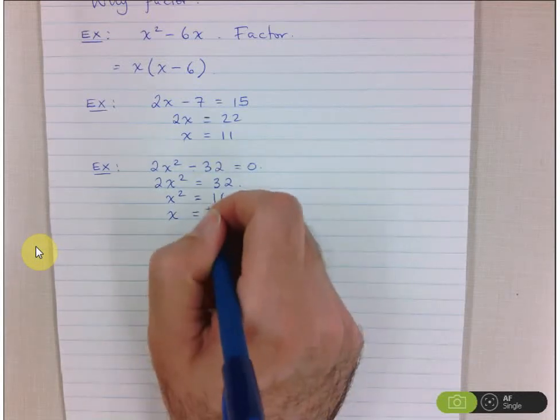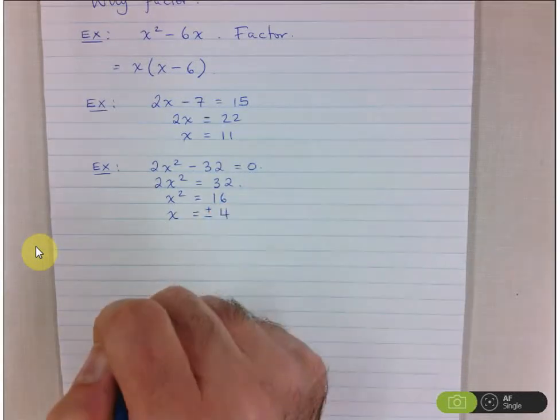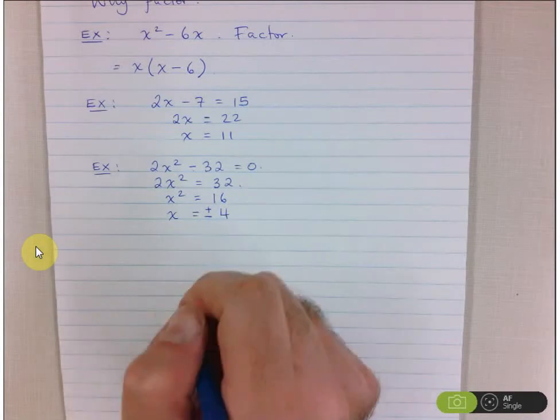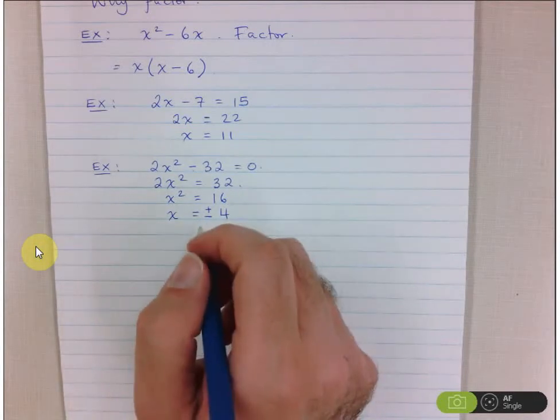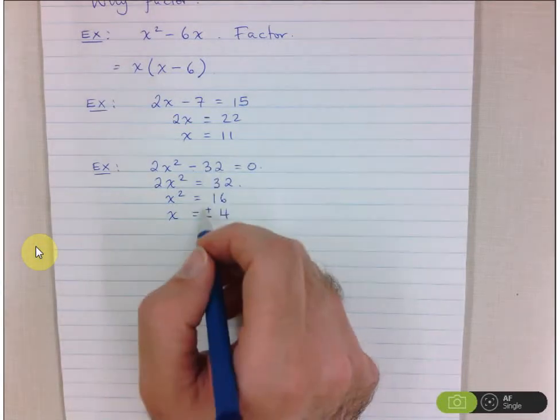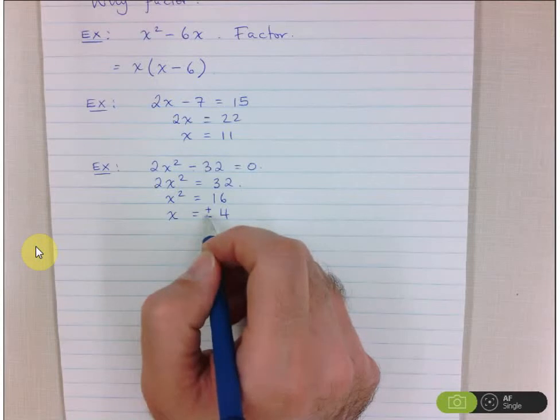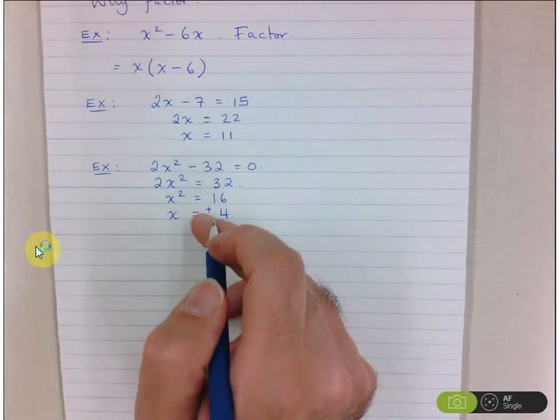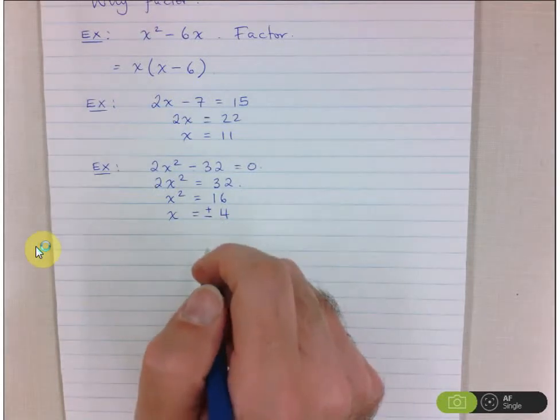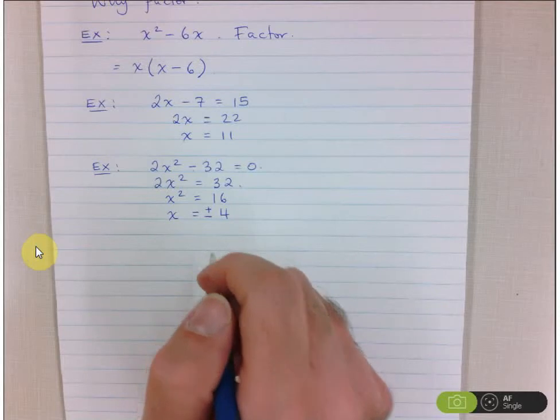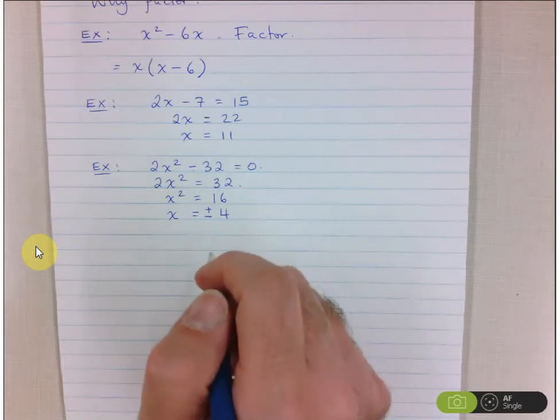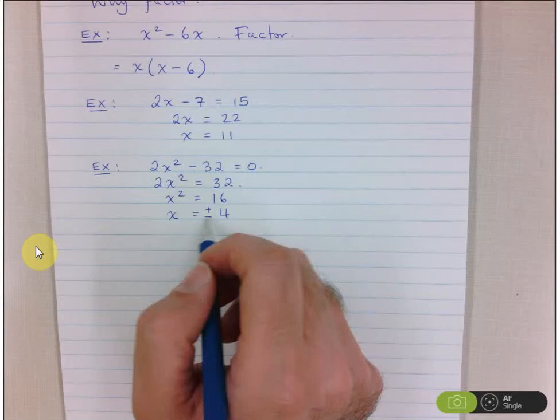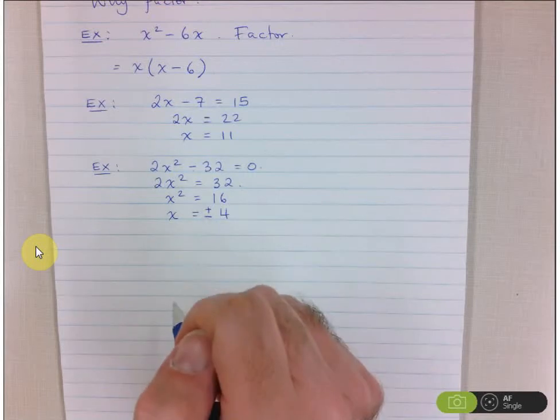So we actually have two answers to this equation here. So that's something to keep in mind, that when you take a square root, you have to consider both a positive and negative answer. Now, in the past, we didn't really consider the negative answer because we were working with Pythagoras, where we were determining lengths of triangles. So we didn't consider a negative length, so we didn't need to consider that solution.